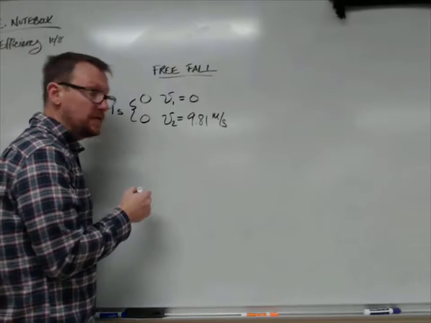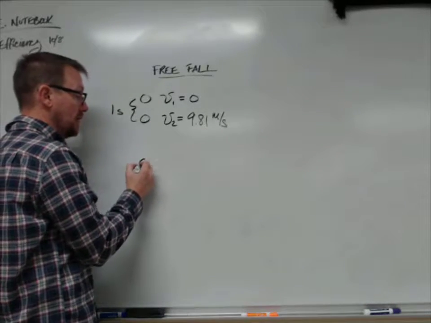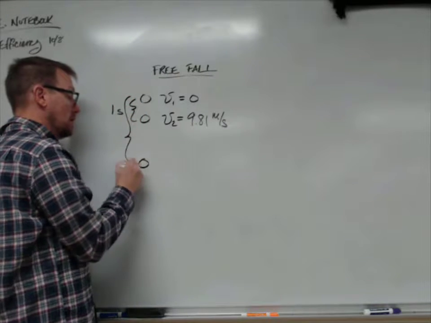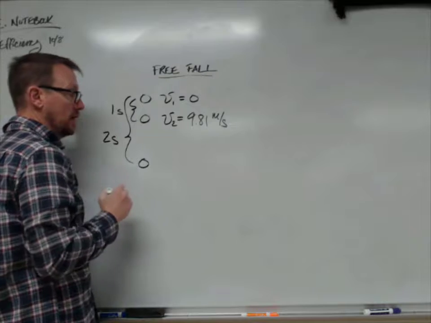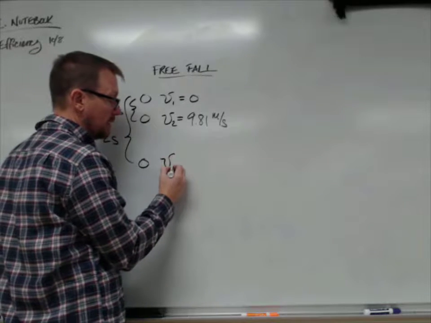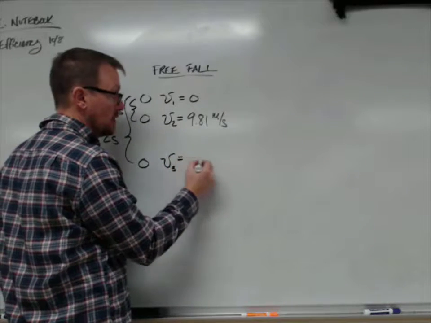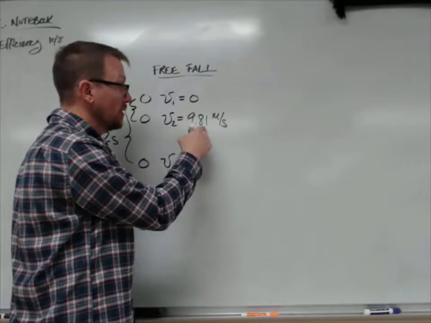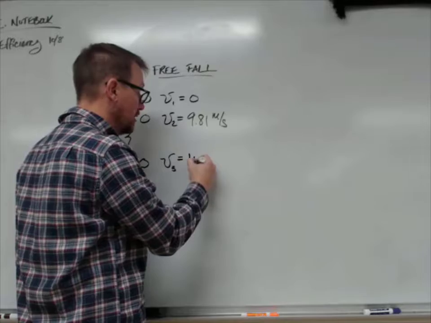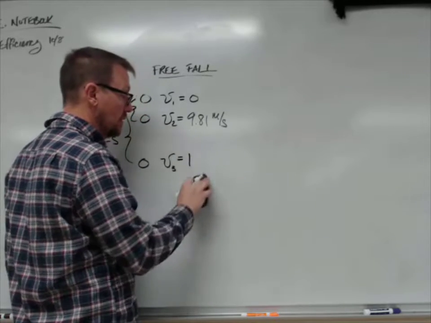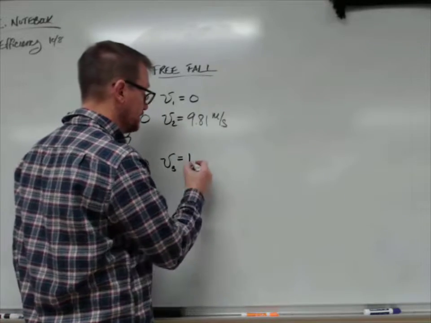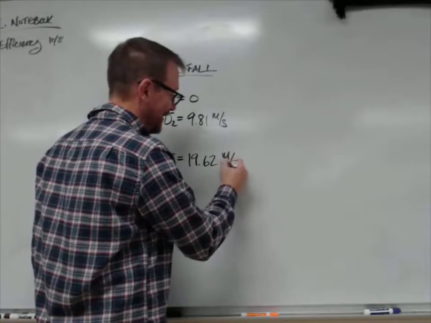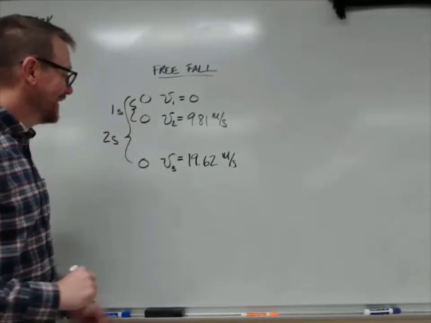After 2 seconds, so now it's down here, we have a 2-second division, like so. Now the new velocity is 9.81 plus 9.81, or 19.62 meters per second.